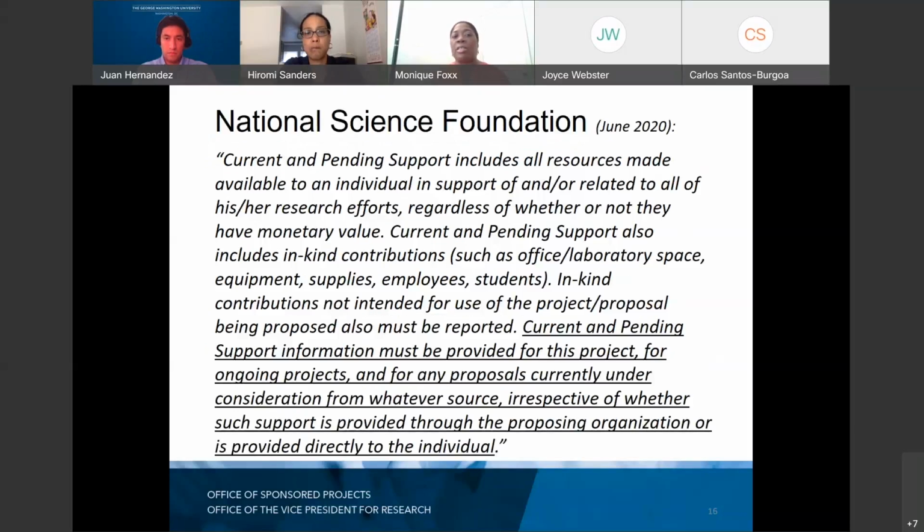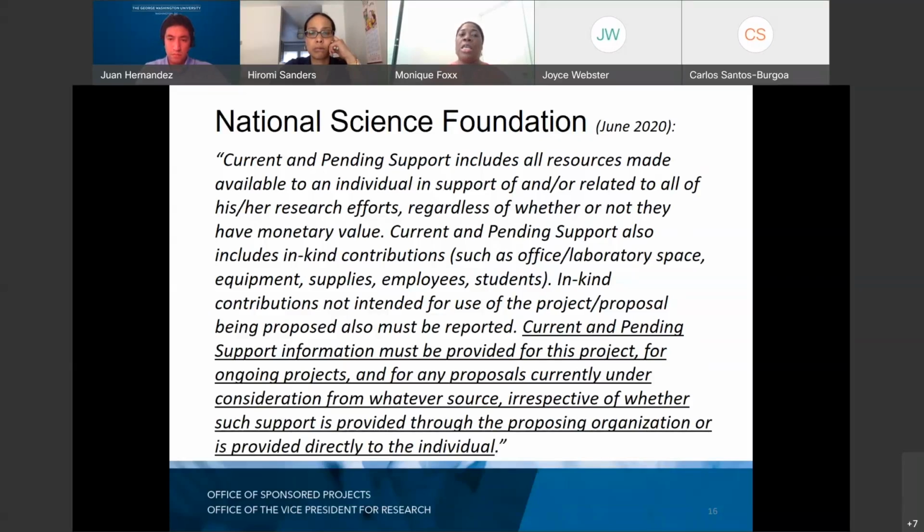So I'm not going to spend a lot of time on NSF because NSF updated their definition for current and pending and their expectations in October 2020. So we've had more time and we all should be fully vested and fully implemented with using the NSF formats.